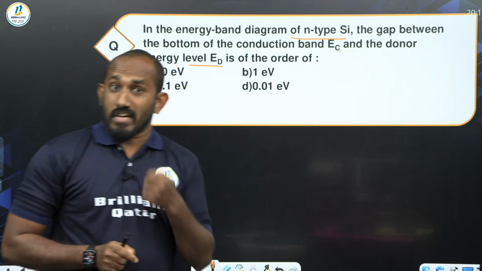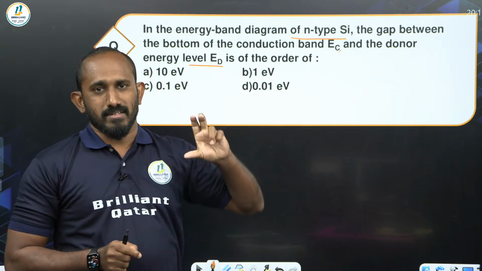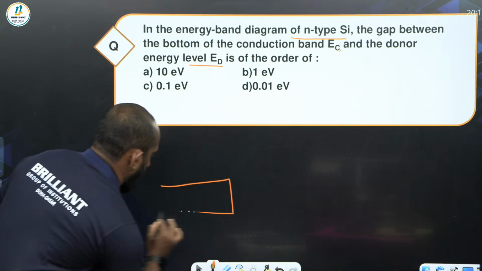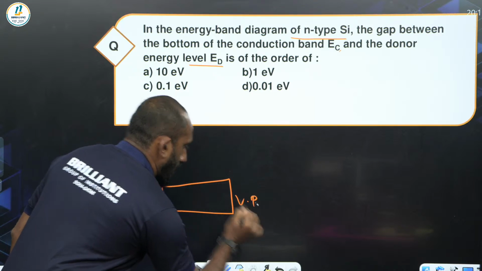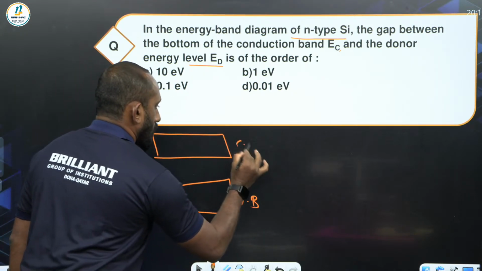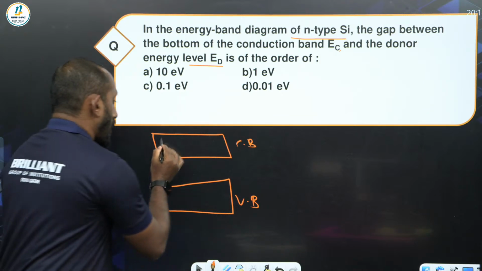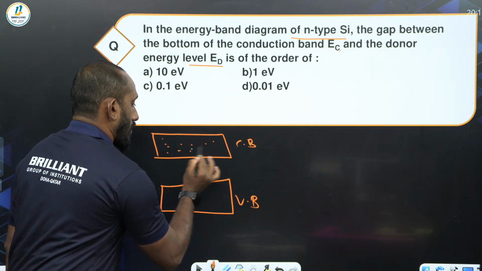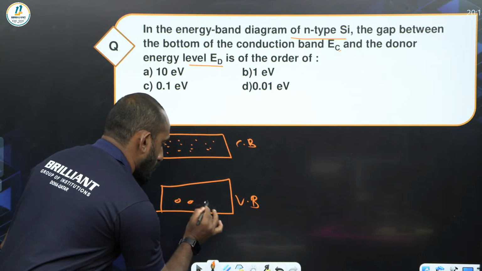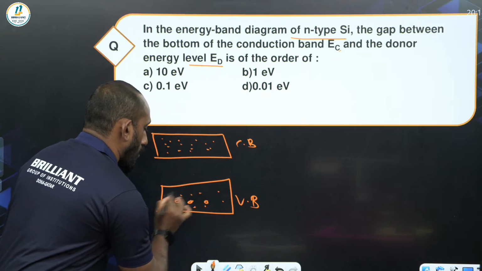So more number of electrons are there in the conduction band because of the doping itself. If you draw the band diagram, we have valence band here and conduction band with a small separation. In CB, we have more number of electrons compared to valence band. In valence band we have holes also, and remaining electrons we have more number.